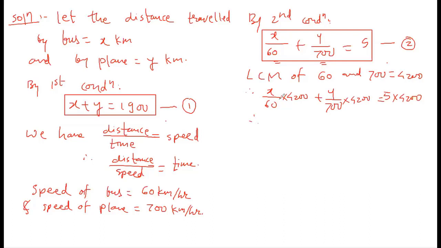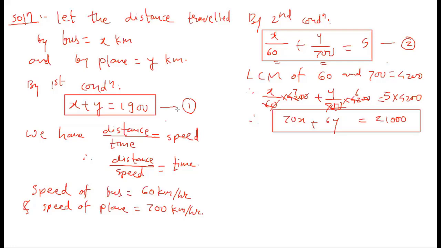After solving, 0 0 cancel, 6 7 it becomes 70, so 70x, and 0 0 cancel, 7 6 it becomes 6y, equals 21,000. So this is your another equation. Let's call it equation 3.